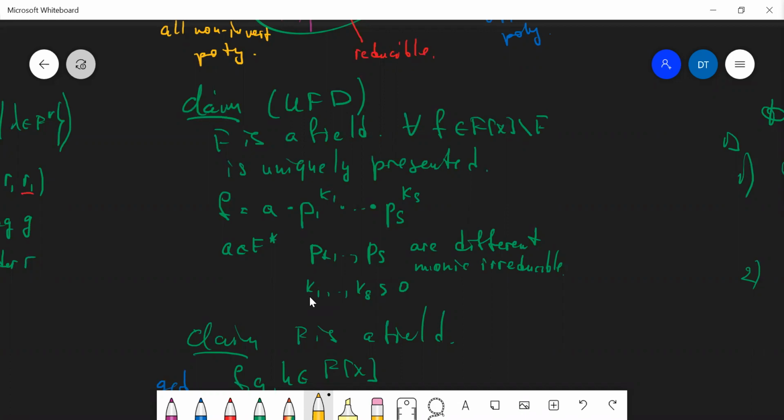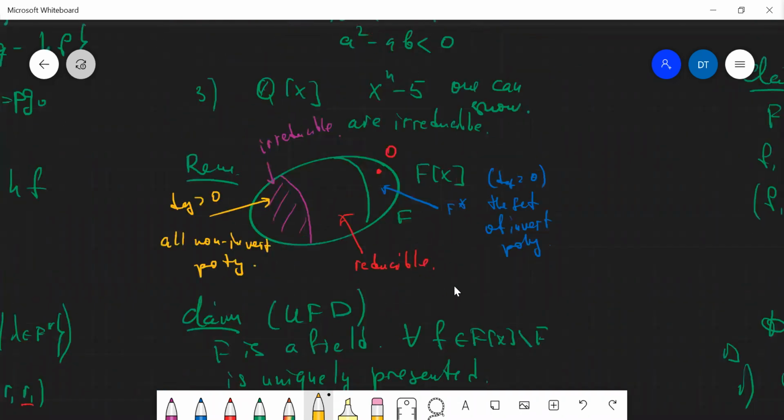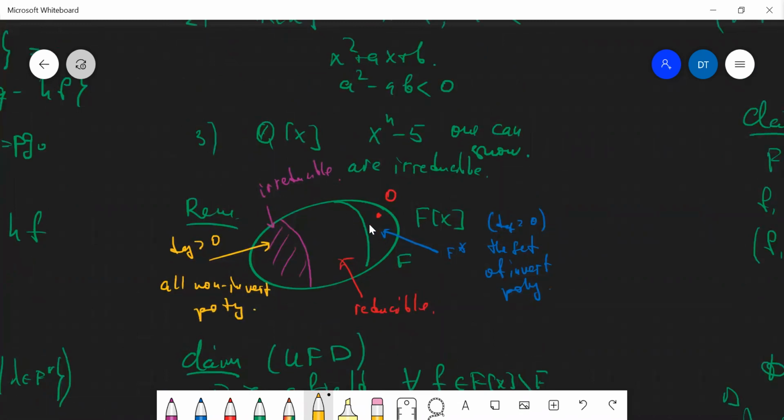Okay, thank you. And the last question. On the diagram above, you said that if a polynomial is invertible, its degree is 0. Yep. Why can't we find a polynomial with degree greater than 0 but still invertible?